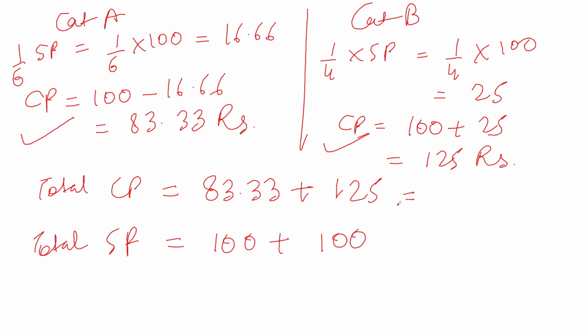When you add 83.33 plus 125 on your screen calculator, you get 208.33 rupees. So this is the total CP, and total SP is 200 rupees.